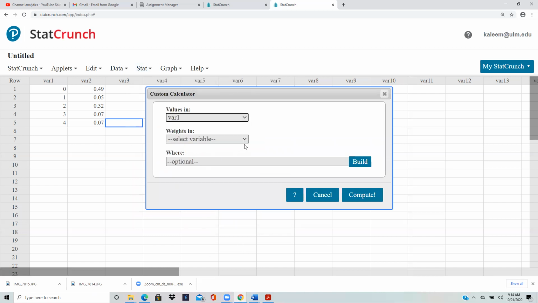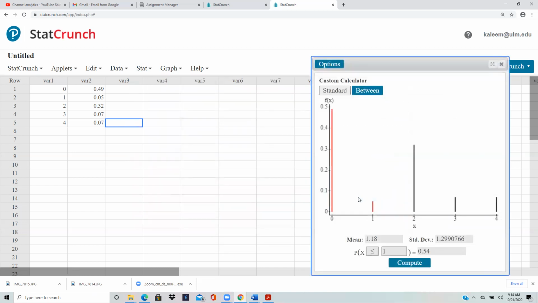Variable 1. Make sure that the probabilities are in the weights, which they will be because you have put them in the second column. And then this gives you the mean. Sometimes instead of saying the mean, they say the expected value.